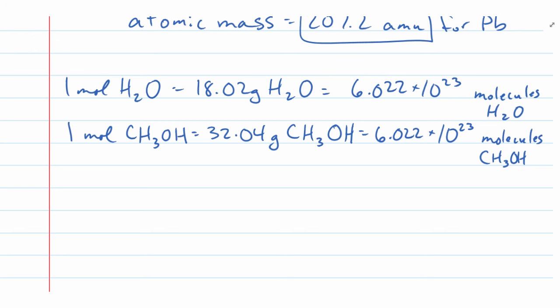This here represents a molecule of water. Molecule of water has 2 hydrogen atoms and 1 oxygen atom. This represents 2 molecules of water. And so in 1 mole of water we would have 6.022 times 10 to the 23rd of these. And this here is methanol as a formula of CH3OH. And so if I had a mole of that, then I would have Avogadro's number of these molecules.